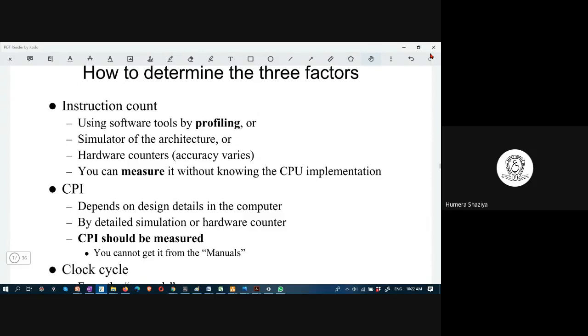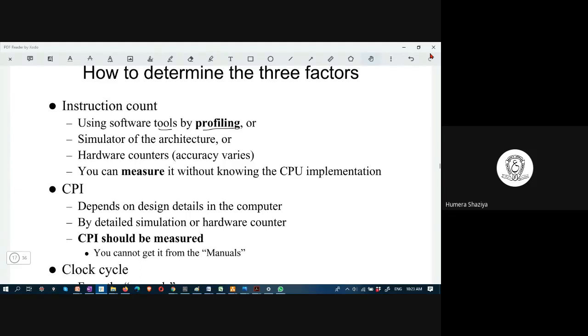In order to determine that, for the software first, how many instructions there are can be known by using a tool known as profiling. Profiling is a software tool. No, actually, profiling is the process.